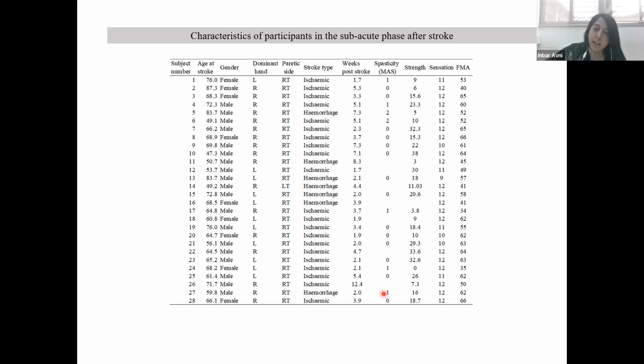And the Fugl-Meyer clinical test, meant to assess motor impairment in stroke patients, was actually developed in order to assess the control a patient has on individual joints outside of these synergies I've told you about. And we also have a measure for sensation, which is a subscale of the same Fugl-Meyer. Also, what you'll see next is we also recorded 16 age-matched healthy controls.